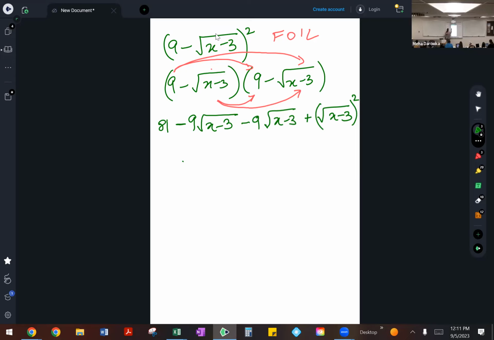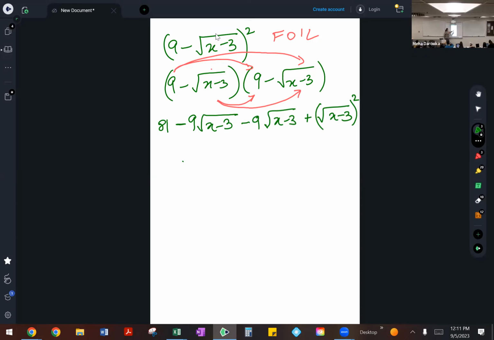So basically, you took 9 times 9, got 81. Then we took 9 times negative square root of x minus 3, which gave us that second term, negative 9 times square root of x minus 3.